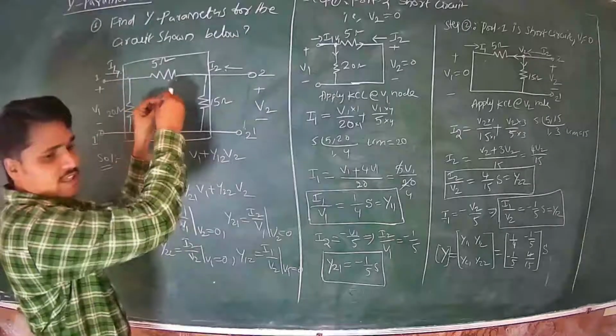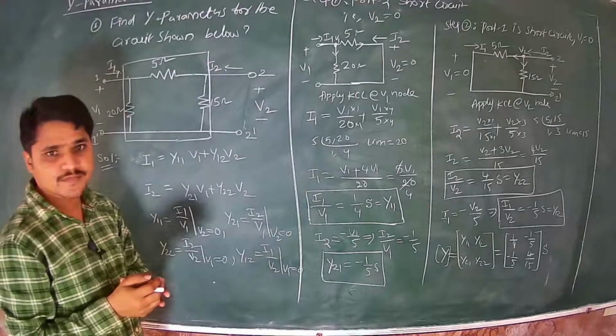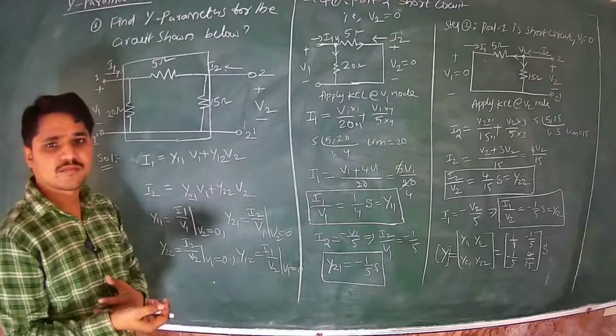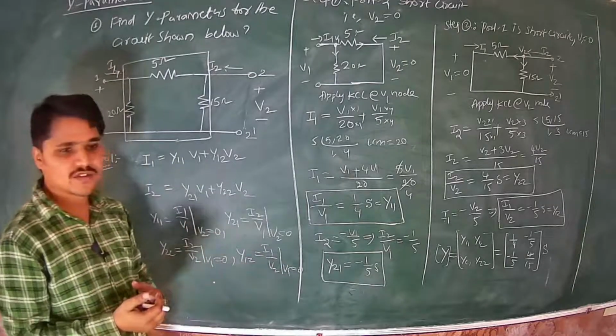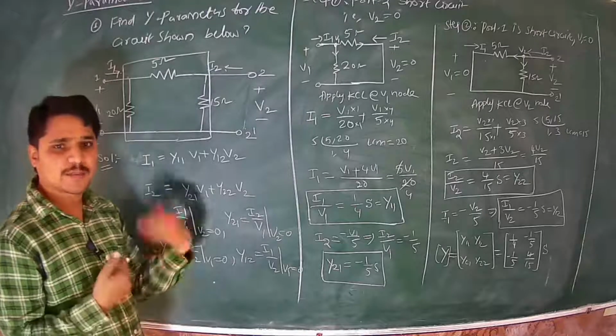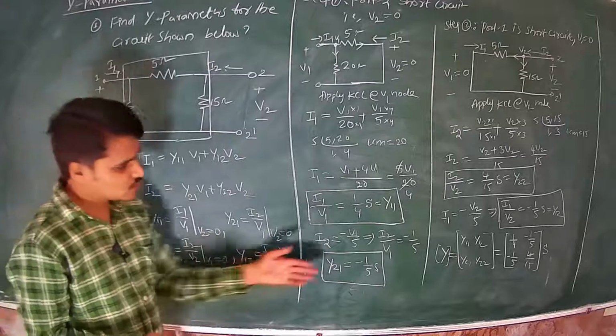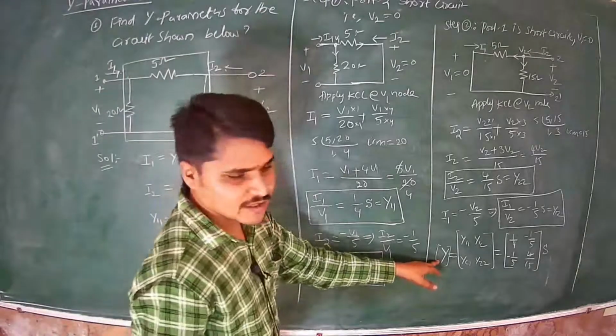A big network can be represented using these parameters, such as Z parameters representation, Y parameters representation, and so on. So this is the procedure to find the Y parameters.